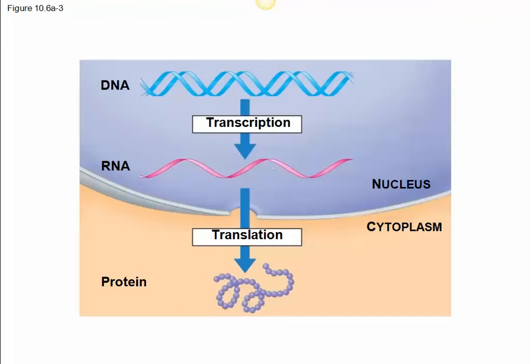So if the mRNA is basically the recipe on a card, then in translation, this is where I actually make the dish. And the dish is based on the instructions that were contained in the recipe written down on a card that came from the recipe book.